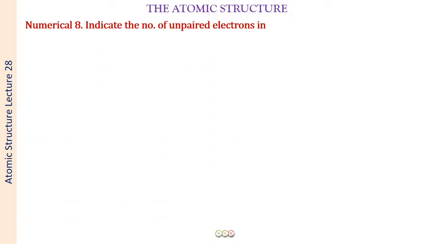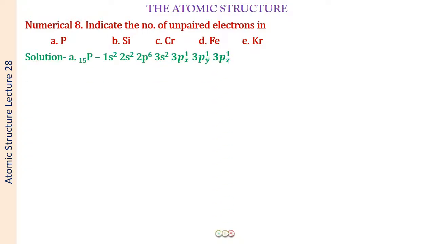The next question is that you have to indicate the number of unpaired electrons in phosphorus, silicon, chromium, iron and krypton. So you have to write the electronic configurations for them. Phosphorus, atomic number 15, the electronic configuration is 1s2, 2s2, 2p6, 3s2 and 3px1, 3py1 and 3pz1.